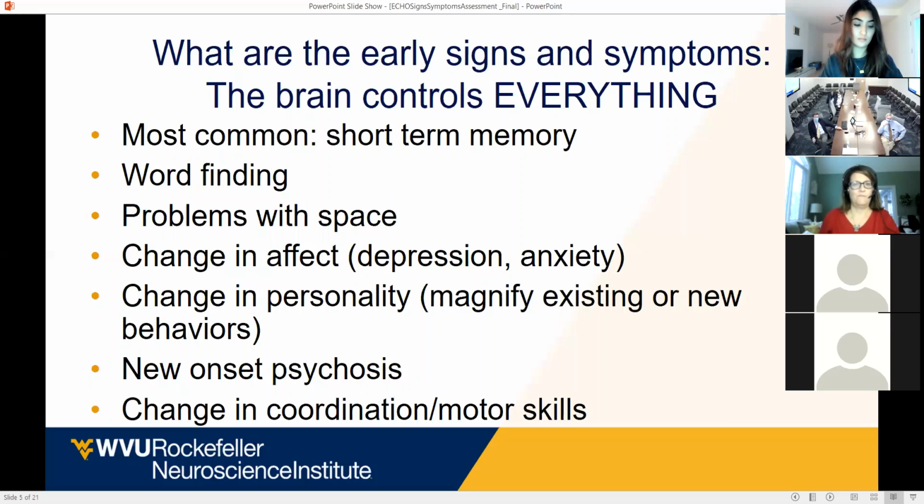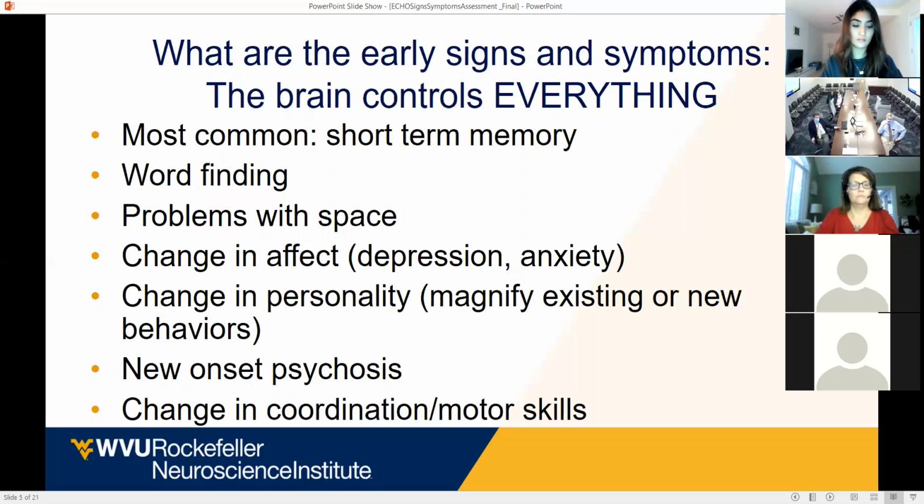Unfortunately, one of the best predictors of this early on is problems with driving. That may be difficulty backing up because you can't figure out how to turn the wheel to make it go a certain way, or problems judging space and clipping curves, or problems pulling into a parking space and things like that. That's another common thing.